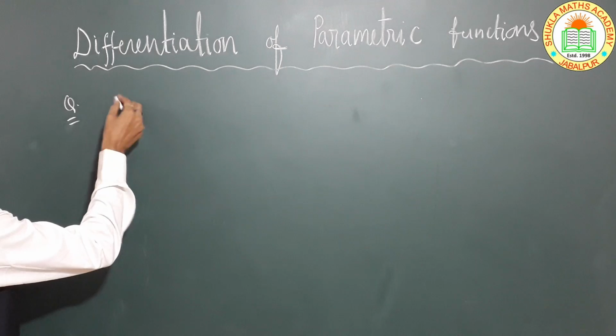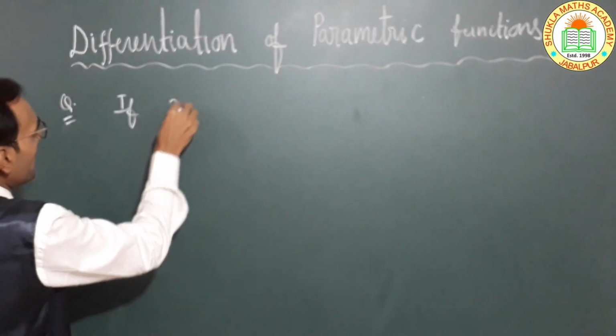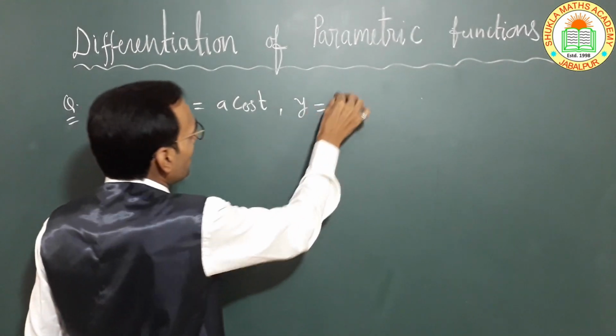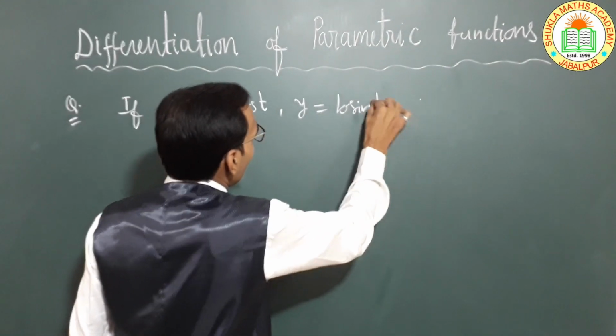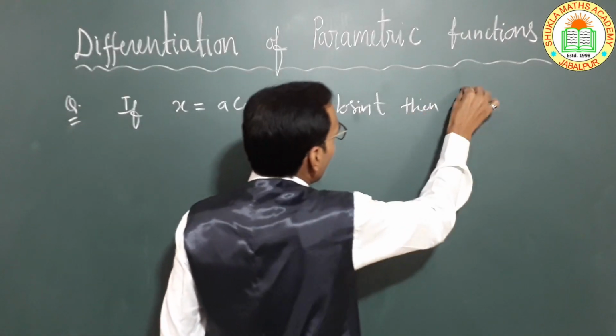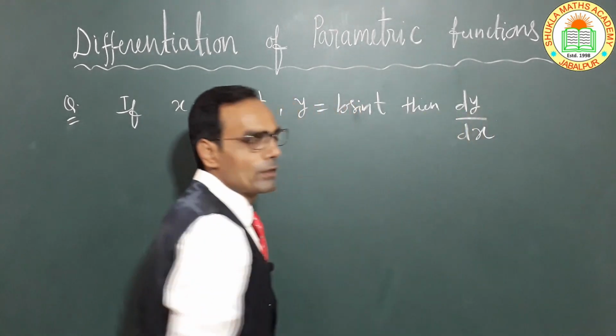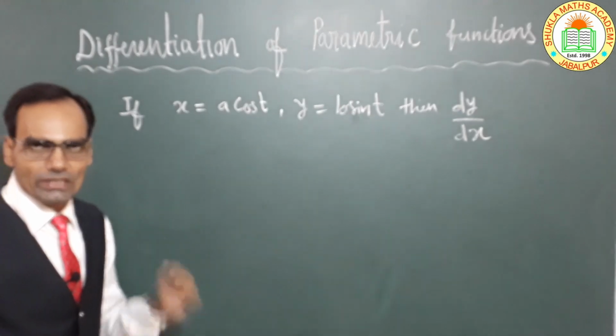Suppose we have the problem: if x equals a cos t and y equals b sin t, then we have to find dy by dx, meaning the derivative of these parametric equations.